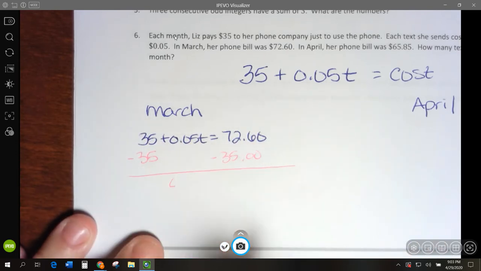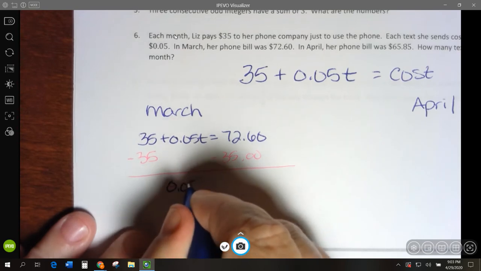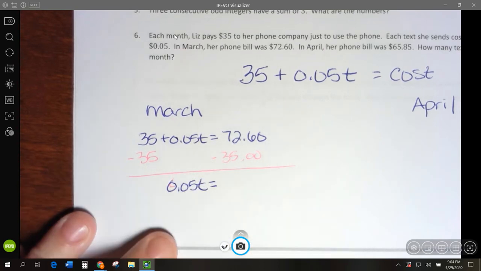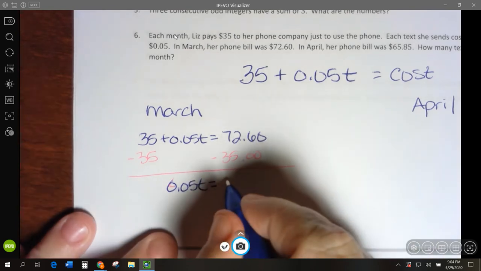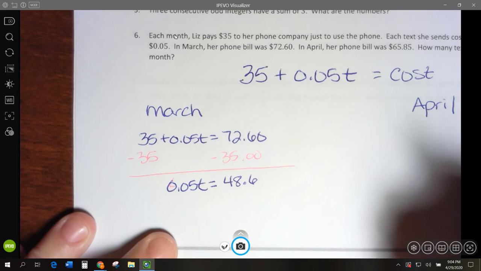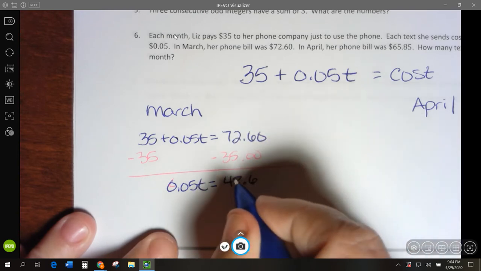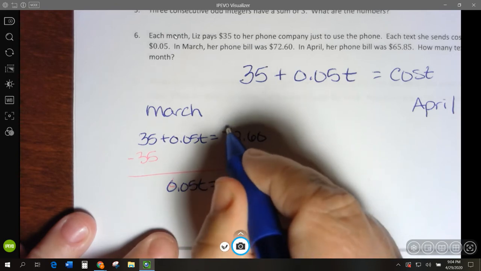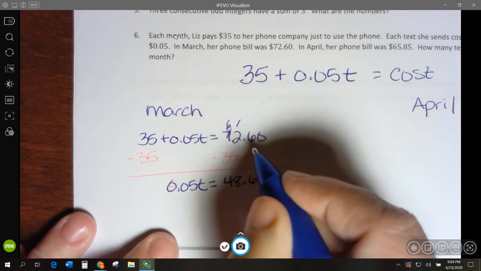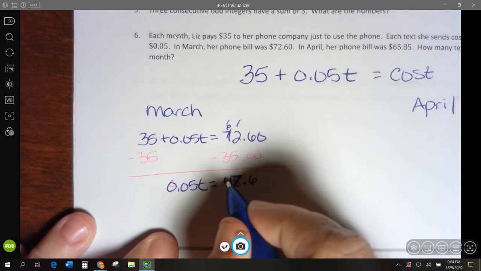We get 0.05t equals 48.60. Is that right? I don't think so. 37.60.